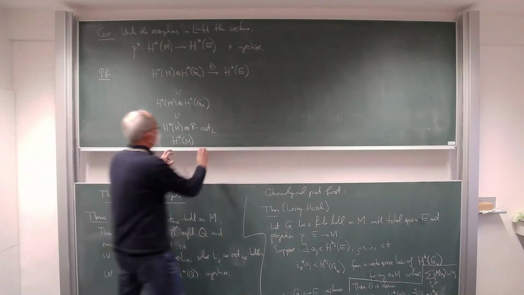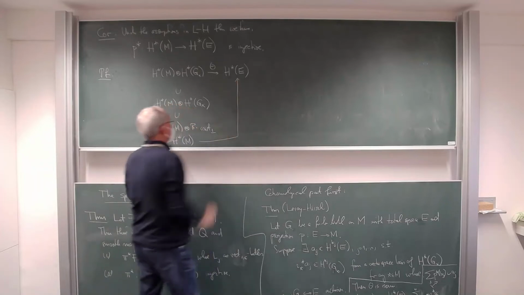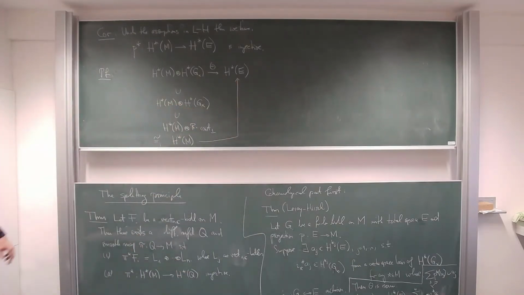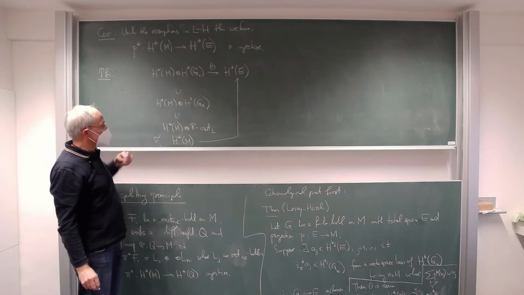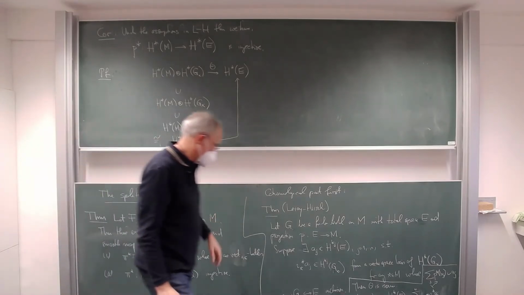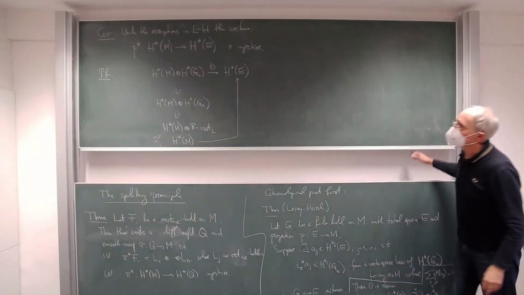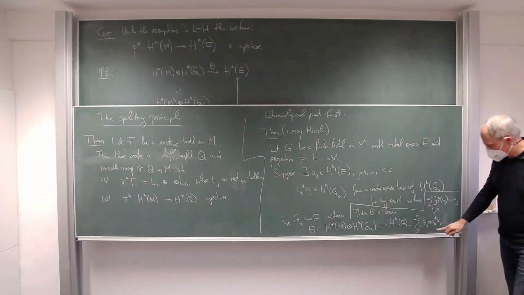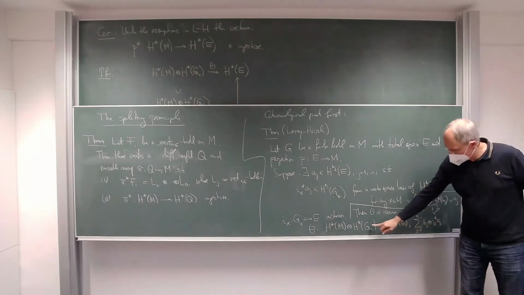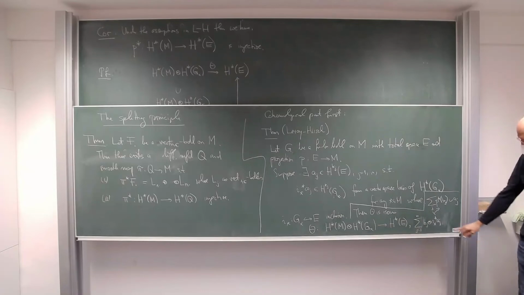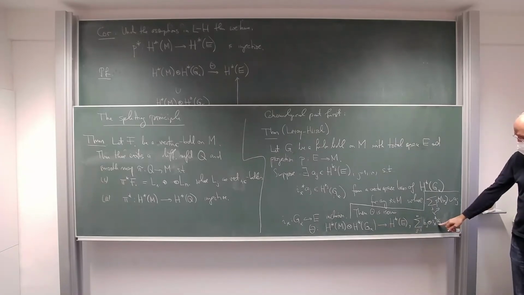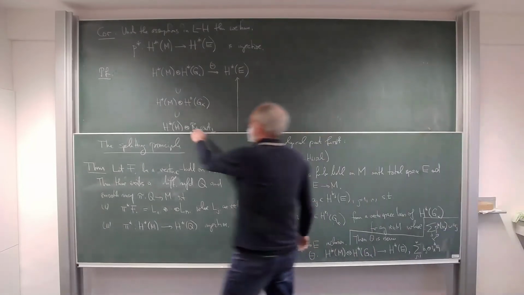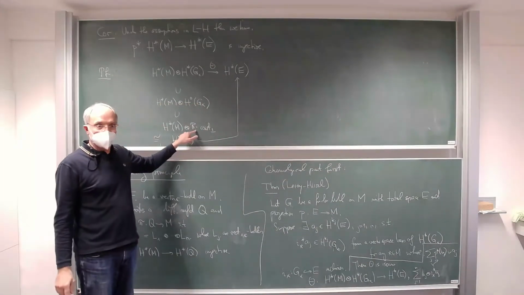Now let's see what map we get here. What's this arrow? If I restrict to the subspace, what happens then? Let's take a look at the definition of theta. What do we have to do? We have to take, in this case, these bases, and one of the basis vectors in H0 I just take as this constant function 1, and everything else is ignored because I'm restricting only to this subspace.